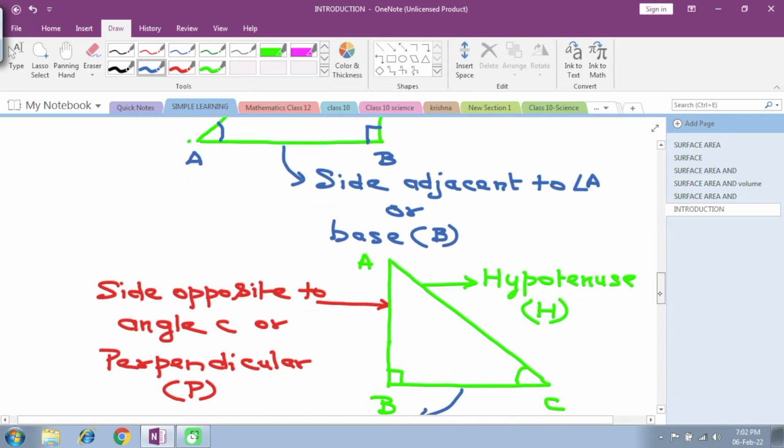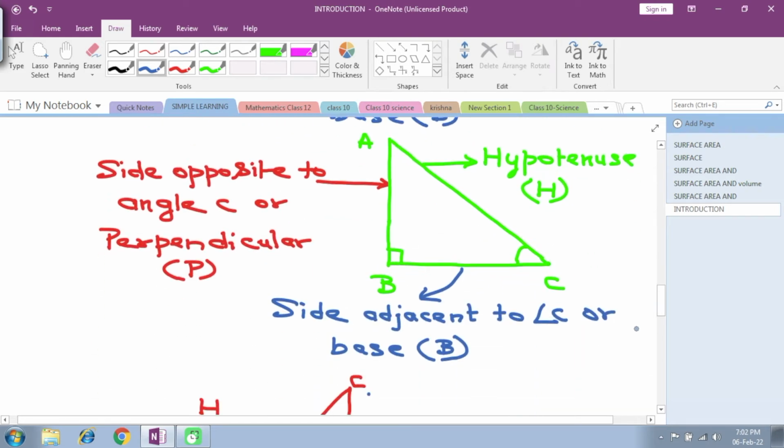Now suppose I rotate this triangle the other way as shown in this figure, and now consider angle C. When I consider angle C, AB becomes the side opposite to angle C, or perpendicular, whereas in the first case AB was the base, here it is perpendicular.